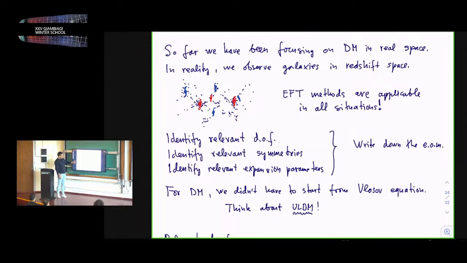And in that case, you can show that on large scales, you can rewrite the Schrödinger equation which describes the system in a way which resembles a lot the fluid description with some additional quantum pressure, the so-called quantum pressure term, which can be made very small if the mass of the axion is large. So for practical purposes, on large scales, you can get a perfect fluid description starting from this ultralight axion microphysical theory.